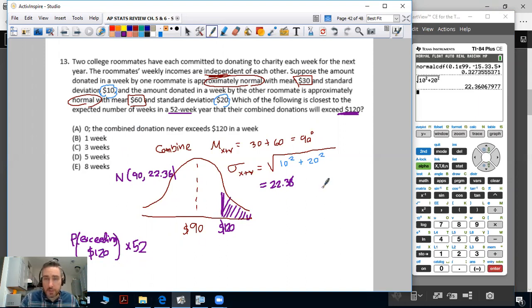All right, I'm going to do a normal CDF. And my lower bound is going to be 120. My upper bound is going to be infinity. We're going to use $90 as your mean and 22.36 as your standard deviation. And put that in, guys.